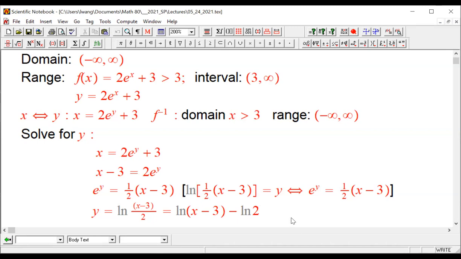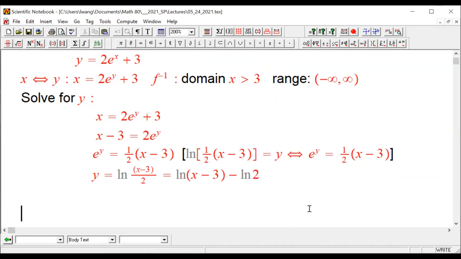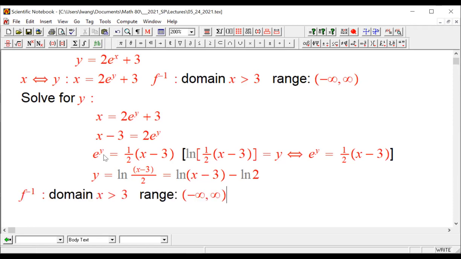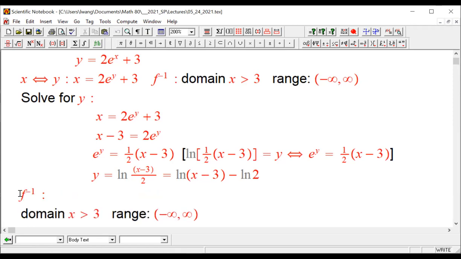So that's the quotient rule applied, and we have already found the inverse. The domain we already know, and that's the inverse function right there.